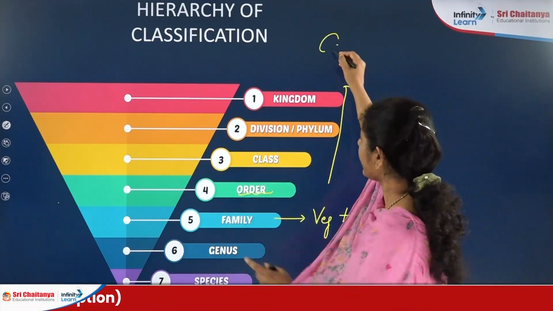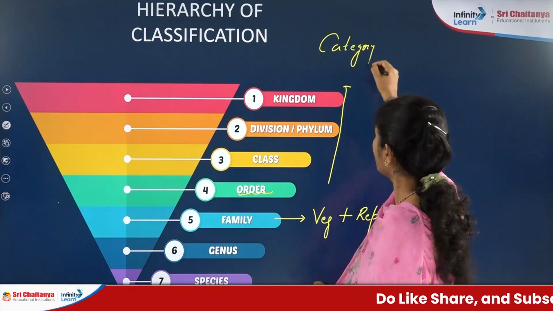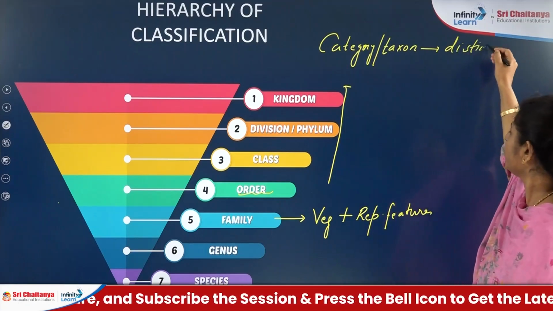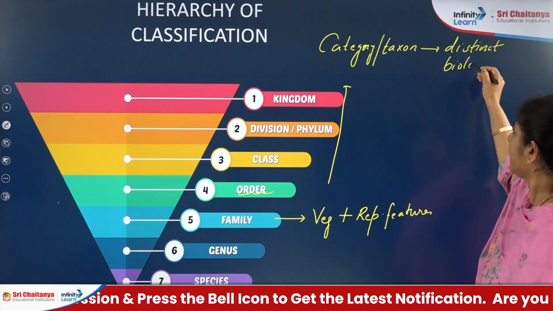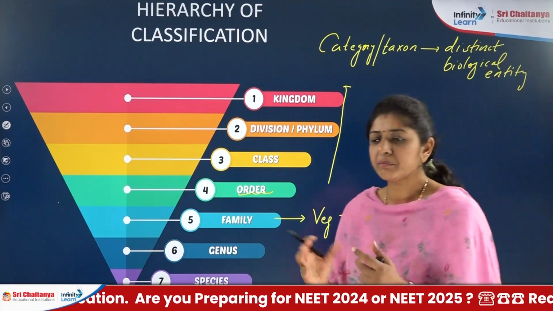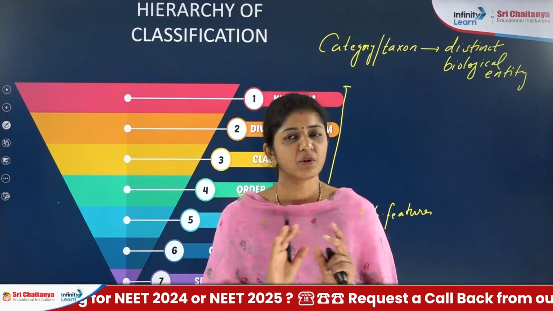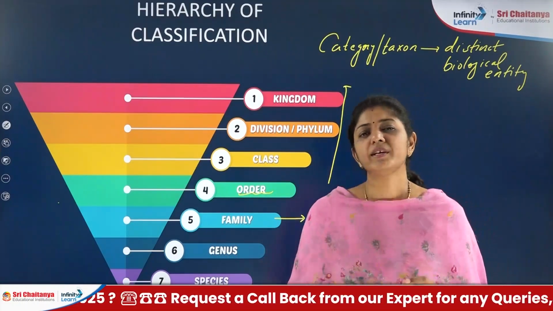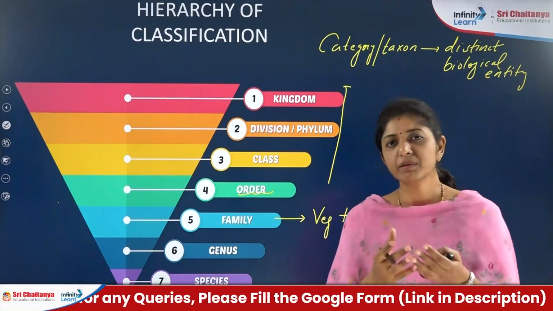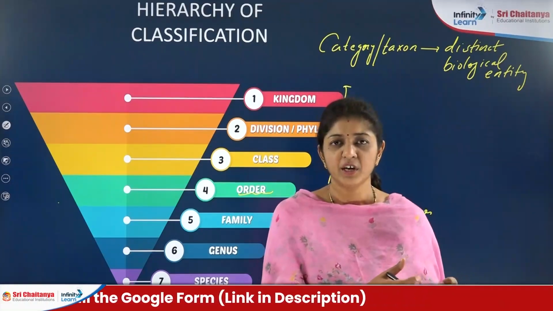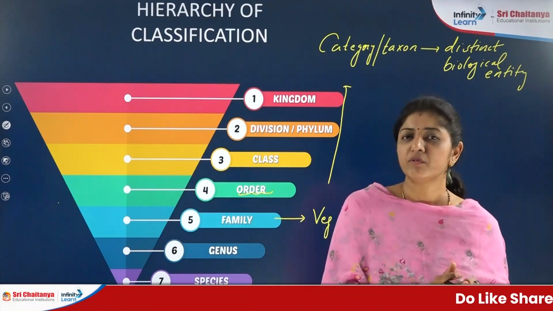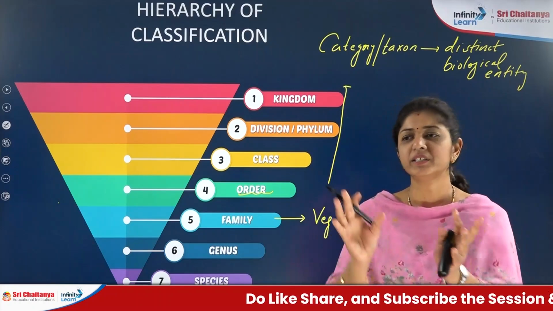I mean to say that every level, every category or taxon is a distinct biological entity, right? It is not like you are simply looking at a character and putting it blindly. This is distinct in its own way based on similarity. Solanum, tuberosum, melongena, nigrum have some similarity, that's why you kept them under Solanaceae. So you look at the similarities, you look at the dissimilarities and make it separate from Convolvulaceae, right? So it is not simply just taking and putting.